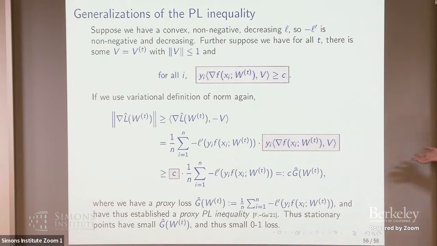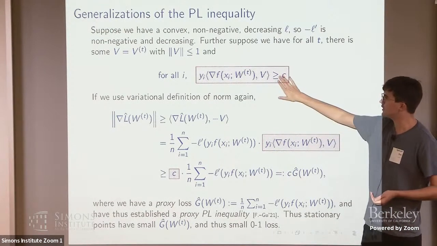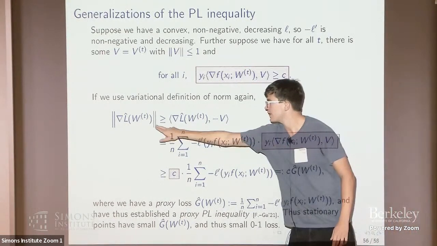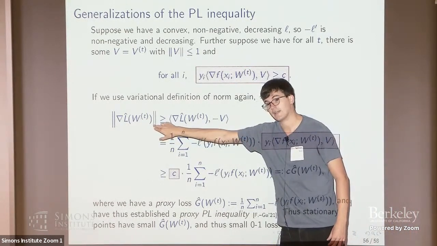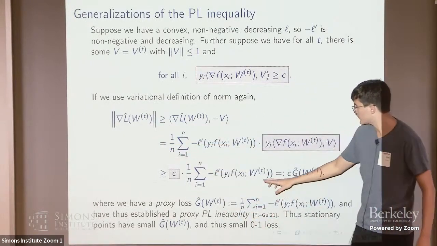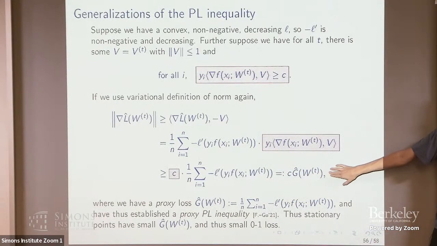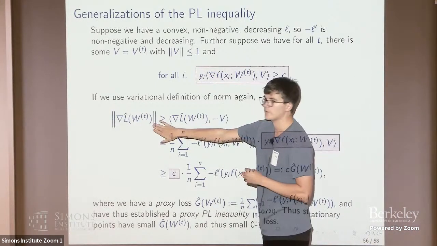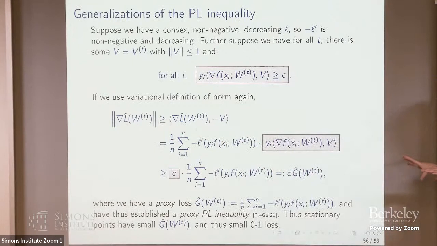This is quite nice then, right? Because if we have this gradient margin lower bound, then what we've shown is that the gradient norm with respect to L hat, which is the original optimization problem, can be bounded from below by a constant times G hat at time t. And we're doing optimization on L, so we know that we can drive this gradient norm down to 0.